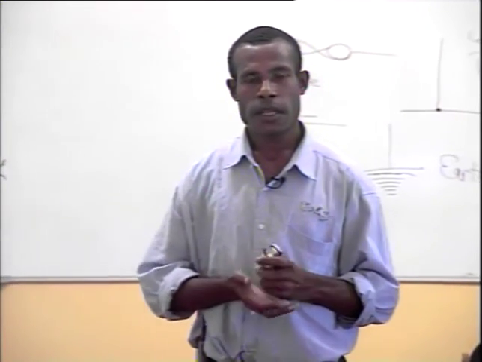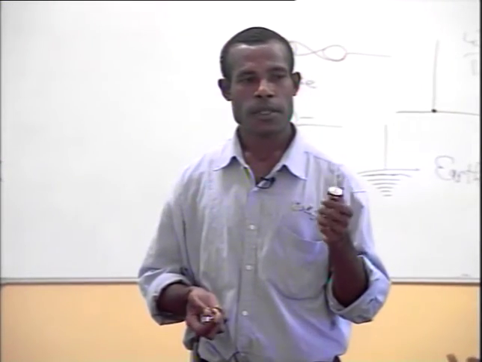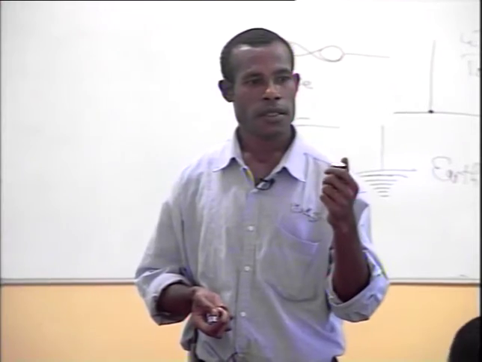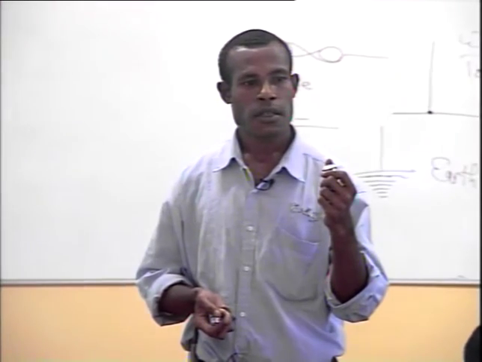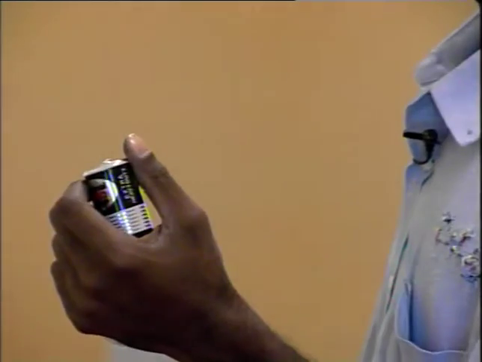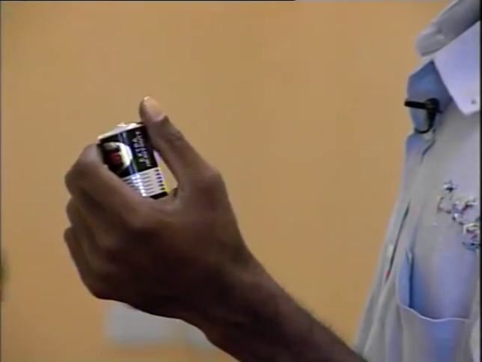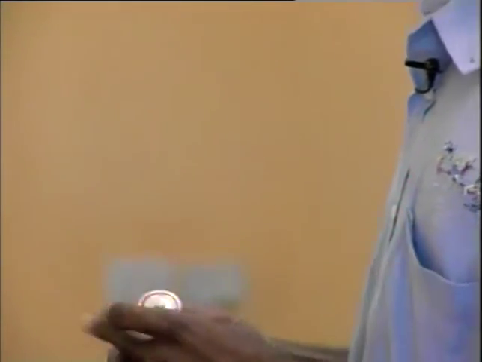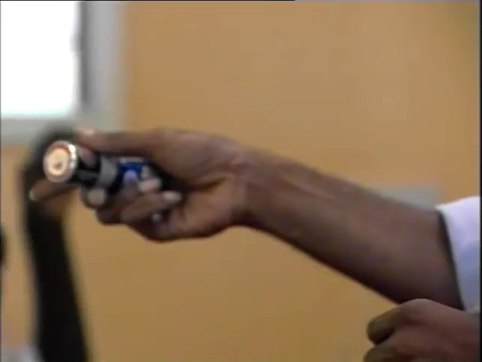But you can simply explain it in other terms as a device that can change chemical energy to electrical energy. So I'll pass this one around. You can have a look at it. That's the first one, explanation.